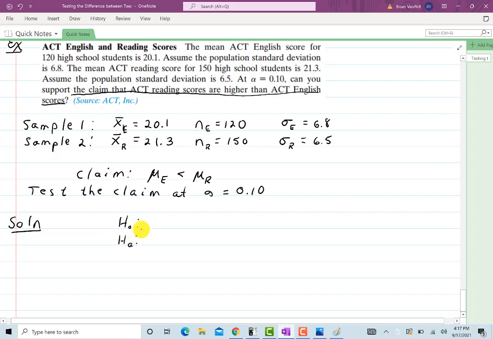So our claim is that mu E is less than mu R. So I'm going to put mu E is less than mu R. That'll be in the alternative hypothesis. That means for the other hypothesis, I switch and equate mu E is greater than or equal to mu R. So down here, this is pointing to the left, tells me that we have a left-tailed test.